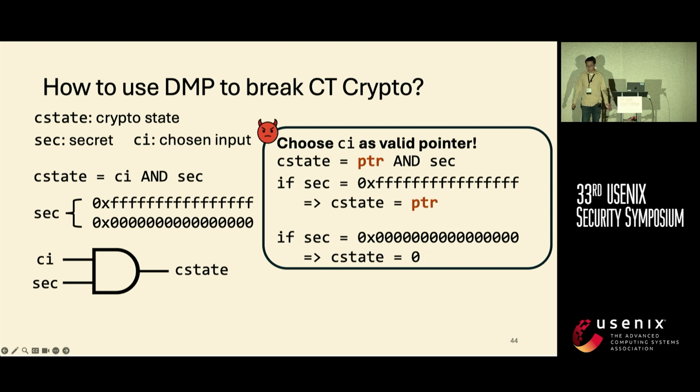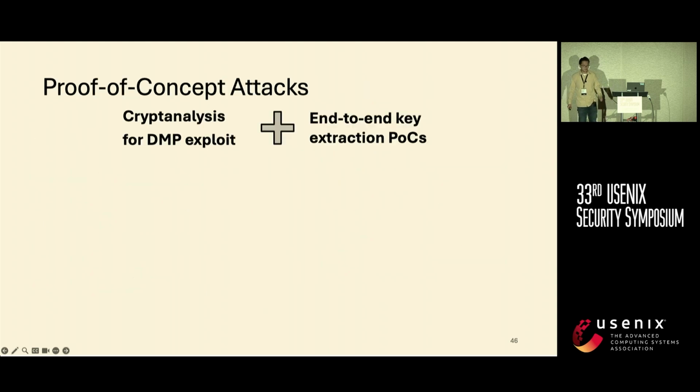If the secret is 0s, then the crypto state will be masked to be 0s. As a result, by monitoring whether the DMP dereferences these pointers, the attacker can infer whether the secret is 0s or 1s.